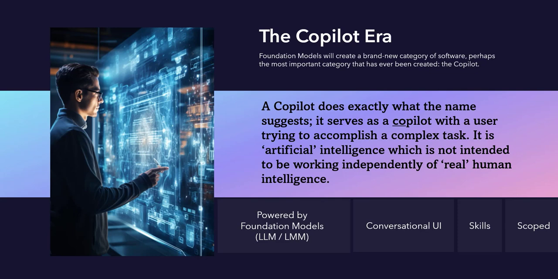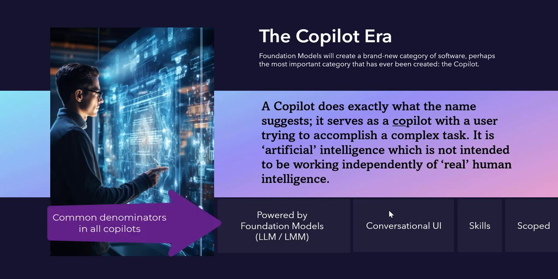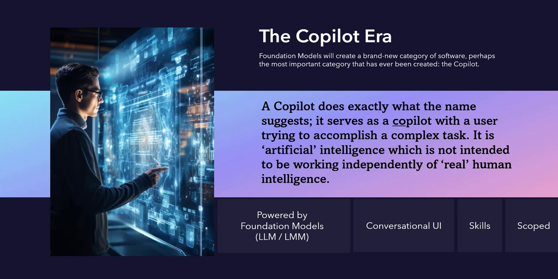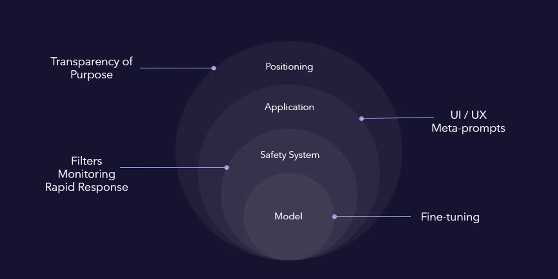But here, I want to look closely at this slide where it talks about skills and scoping, all right? Because you're going to see a difference in which controls or methods you use because of how the Copilot may be skilled and scoped. And this has a lot to do with the mitigation layers that are wrapped around the foundation model.